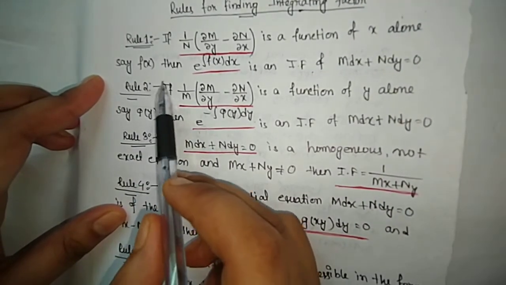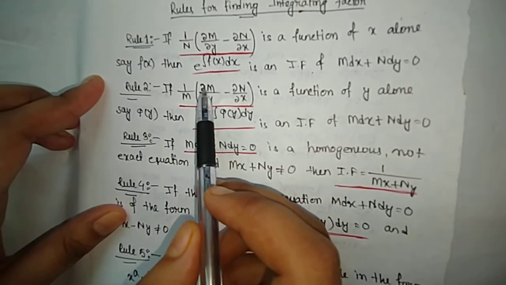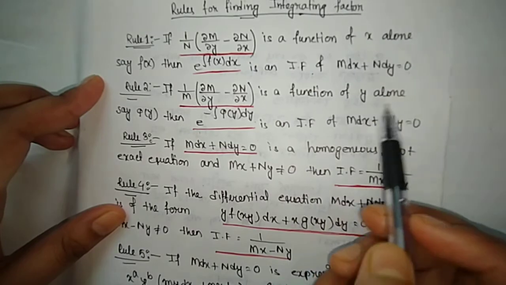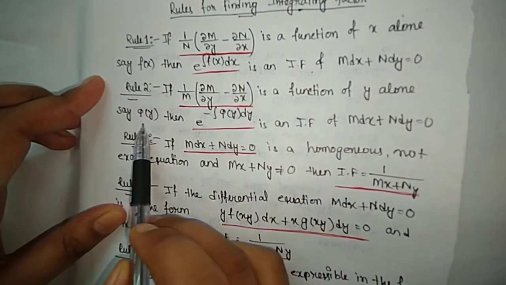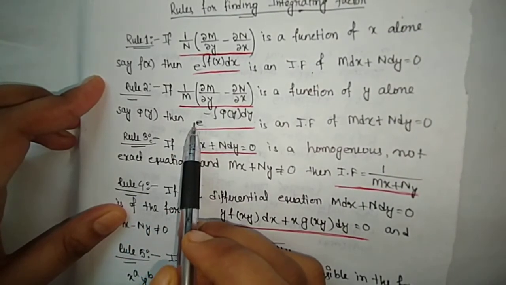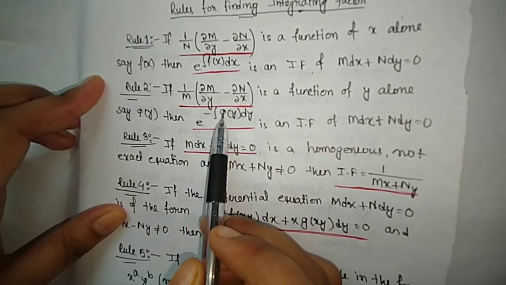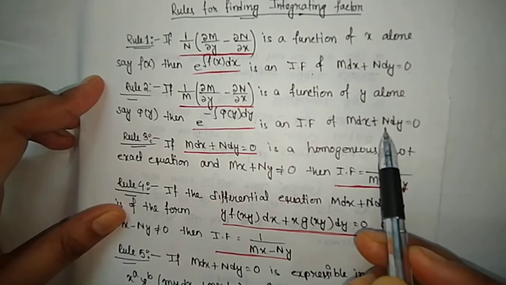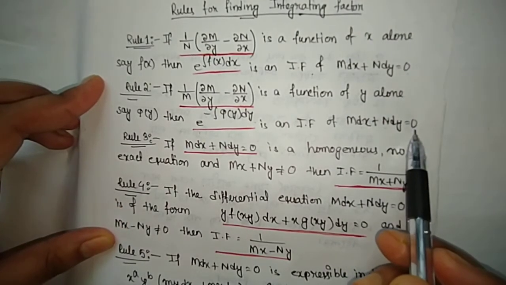Next rule: if (1/M)(∂M/∂y − ∂N/∂x) is a function of y alone, say φ(y), then e^(−∫φ(y)dy) is the integrating factor of M dx + N dy = 0.